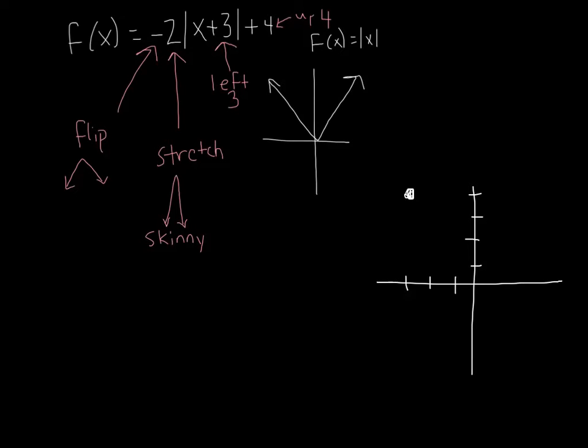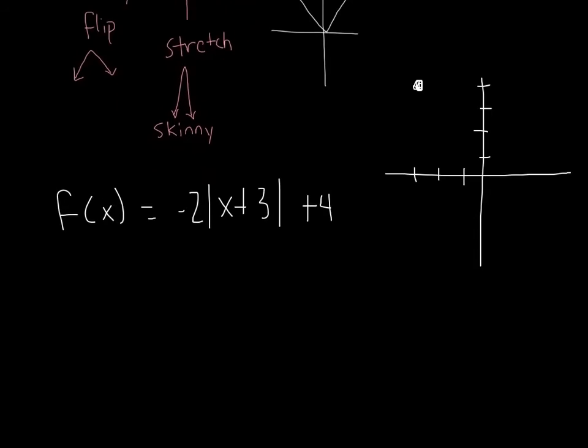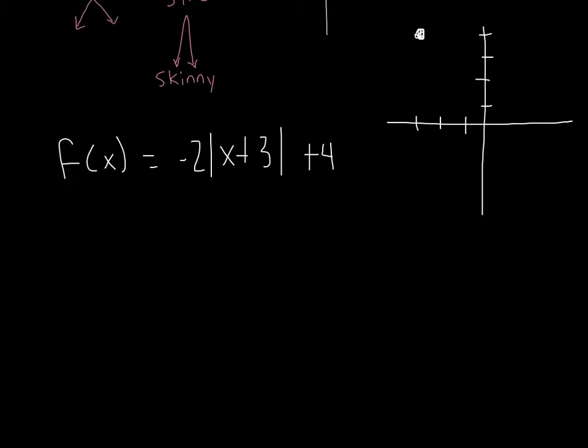To figure out some points on this graph, let's make a t-chart. Let's rewrite our function down here: f(x) = -2|x + 3| + 4. Now, we make a t-chart.